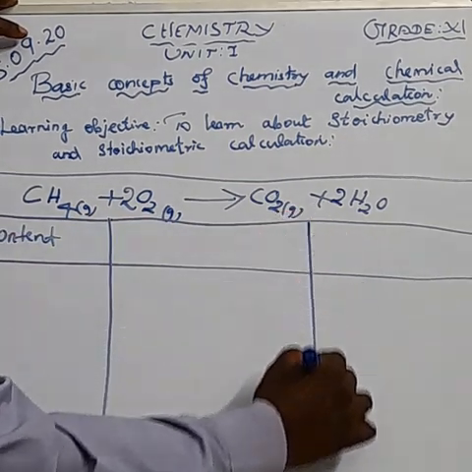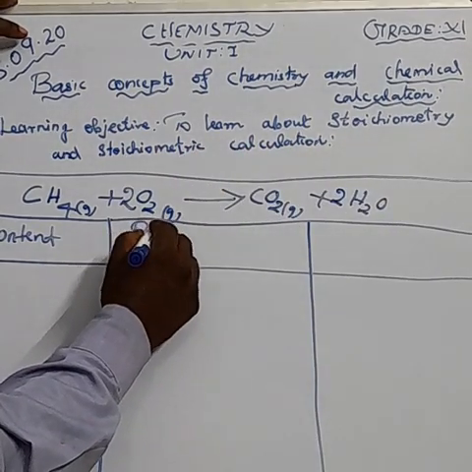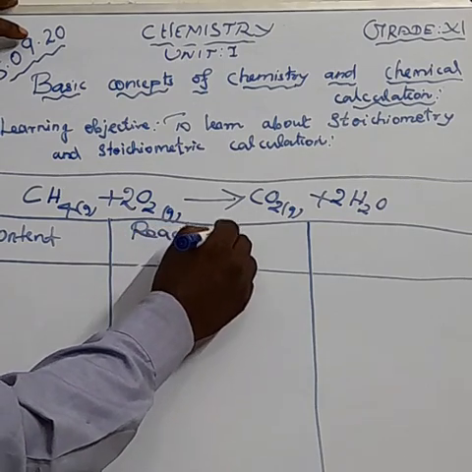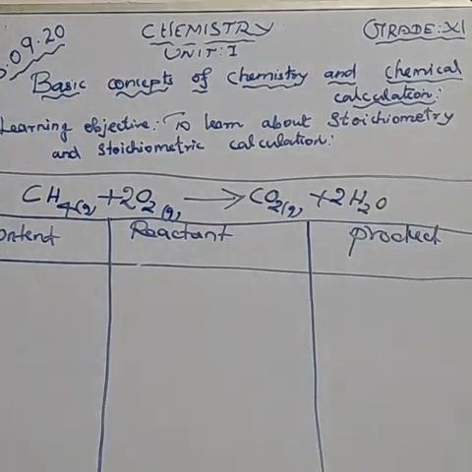Then reactant and product: one side reactant and another side product. What are the contents? Here contents means stoichiometric coefficient, mole relationship, mass relationship, mass of reactant and volume relationship. There are 5 factors.